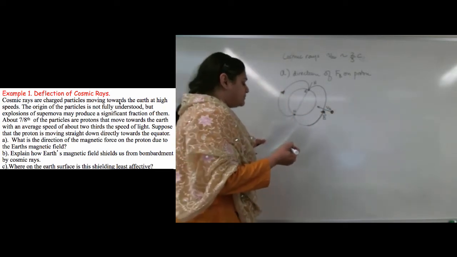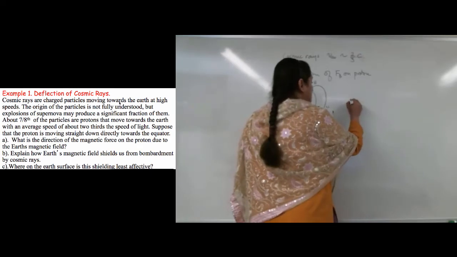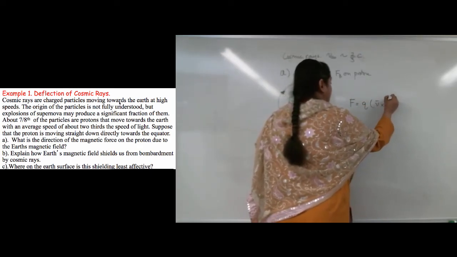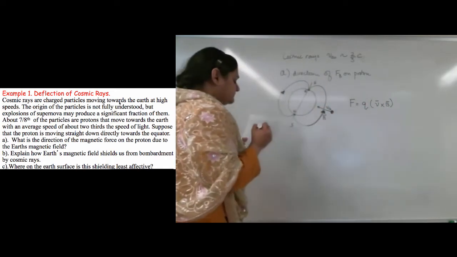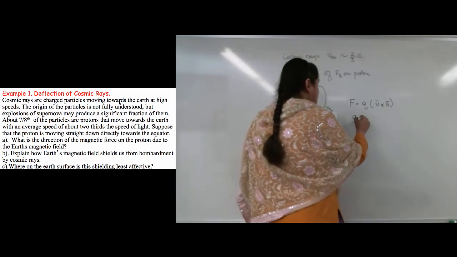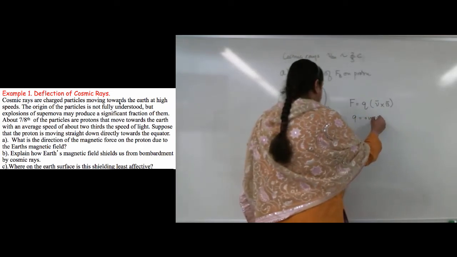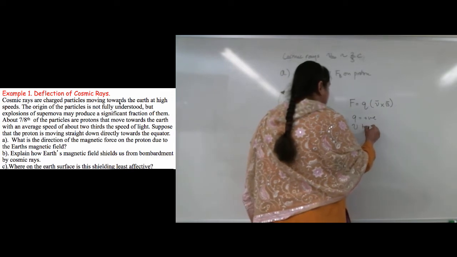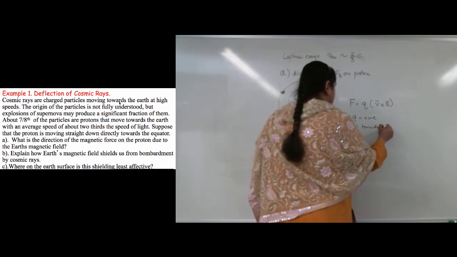Now it's asking me, what will the force be? So I know force is equal to QV times B, right? Okay, so Q is a proton, so it is a positive charge. V is towards the Earth.